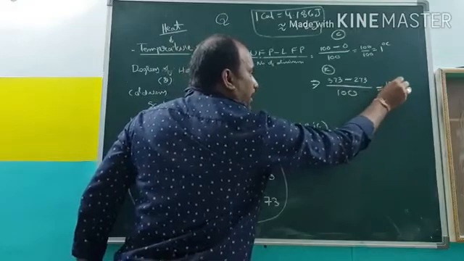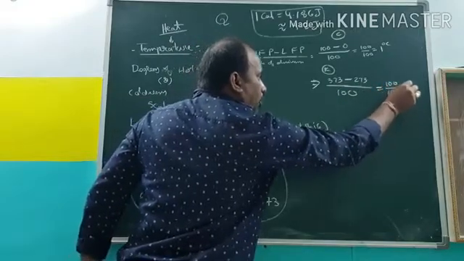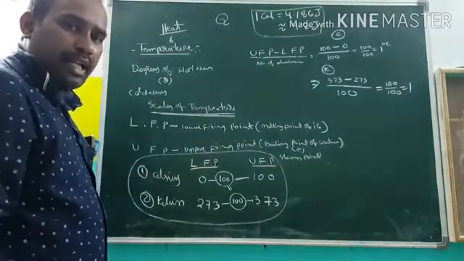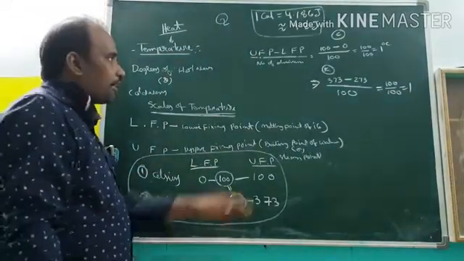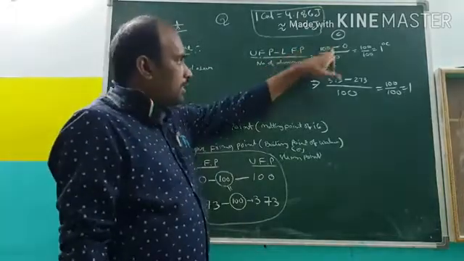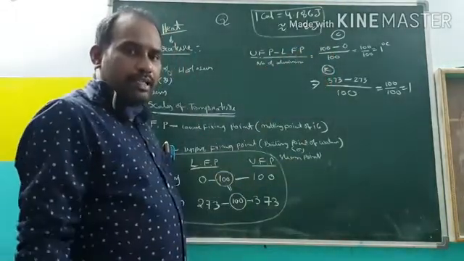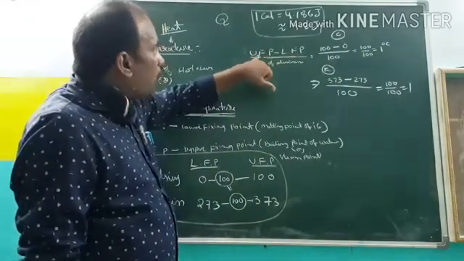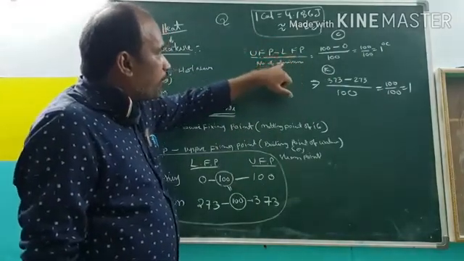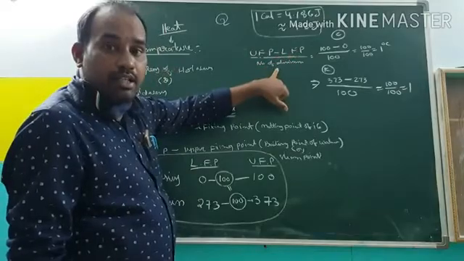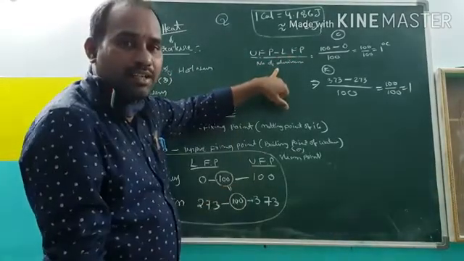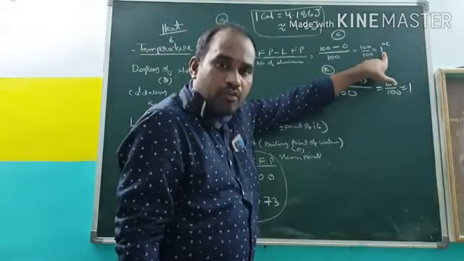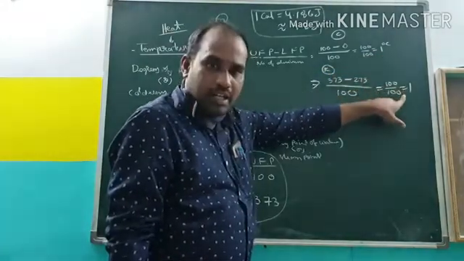Numerically, 100 by 100, I got 1. So for Celsius and Kelvin we have one common point. Upper fixing point minus lower fixing point by the number of divisions of any scale gives a common constant value, that is 1. Here also 1. Are you clear?